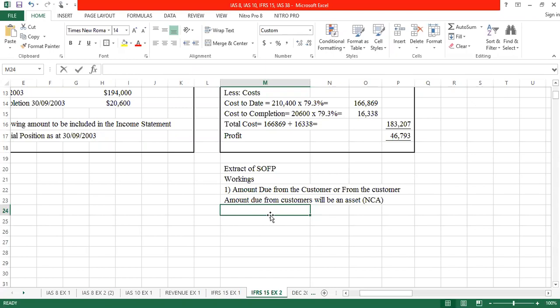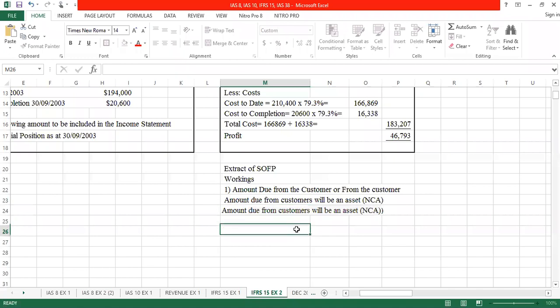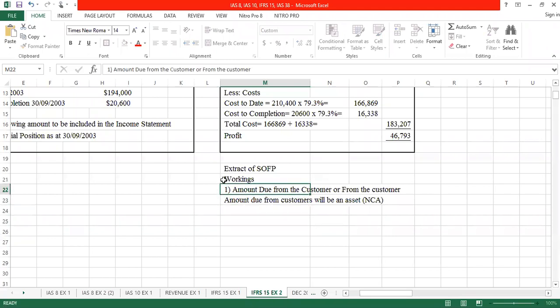Number two, amount. There is a mistake here. I always don't like confusing. So what have I said? Amount due from the customer or, there I repeated myself, or to the customer. Remember, the customer can pay you excess.